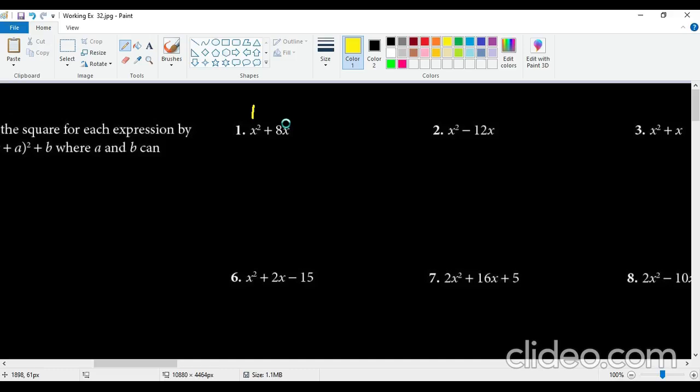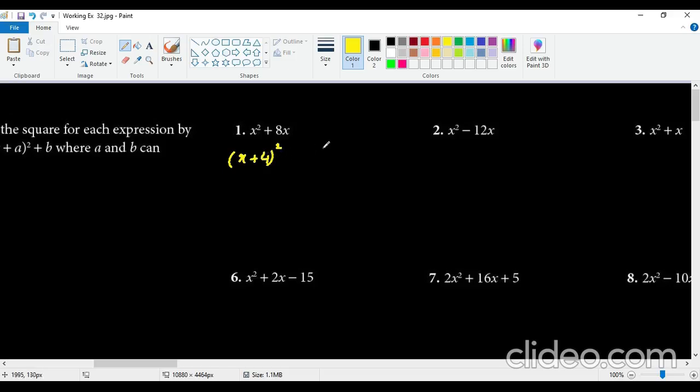If it is a plus sign, you use plus; if it is negative, you use negative. Take half of 8, which is 4, make brackets around it and make it a whole square. So this is the trick.